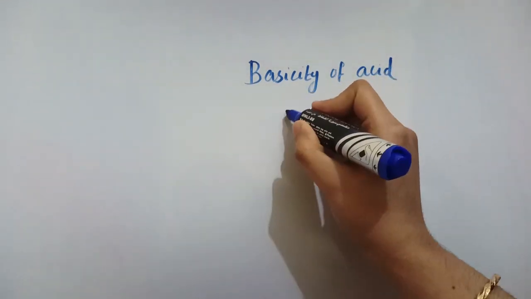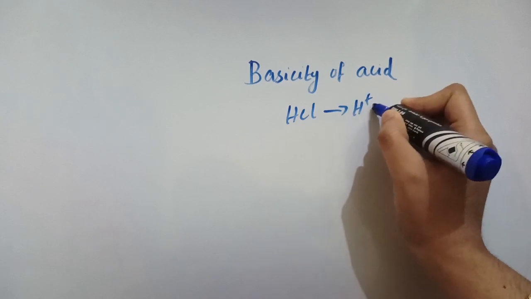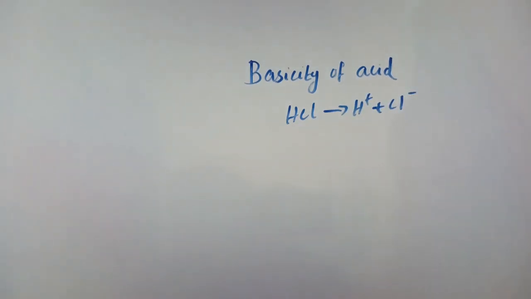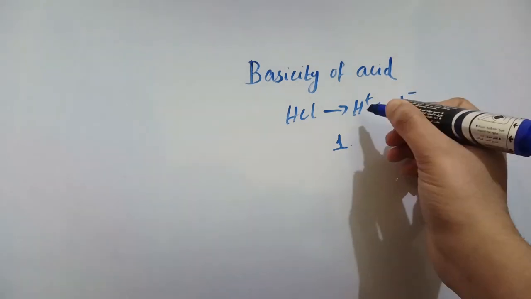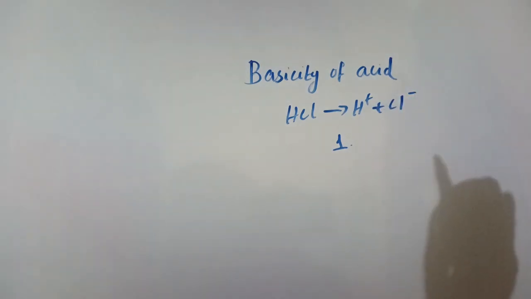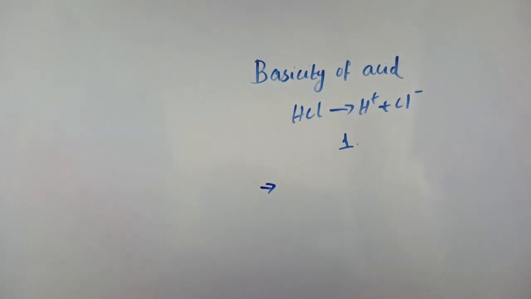Now consider a chemical equation. HCl gives H+ and Cl-. In this equation, how many hydrogen ions are released when one molecule of HCl is ionized? The answer is 1. Here 1 hydrogen ion is released. Therefore, we can define basicity as the number of hydrogen ions that can be donated by one molecule of an acid.